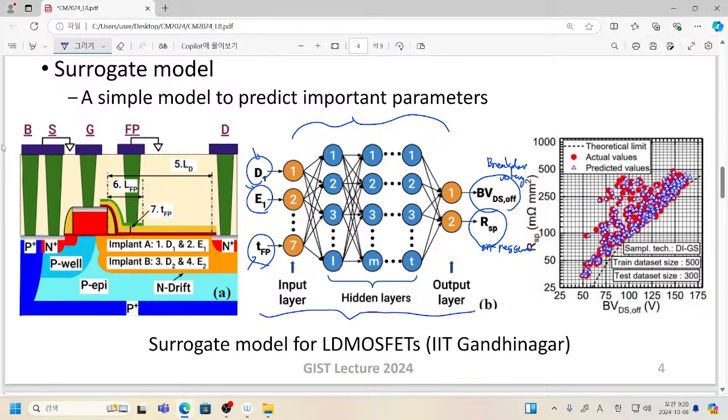So for your interest, I will explain a little bit more. Breakdown voltage means that when you turn off your transistor and you want to apply very high drain voltage, but still want to have almost zero drain current. That is the situation.